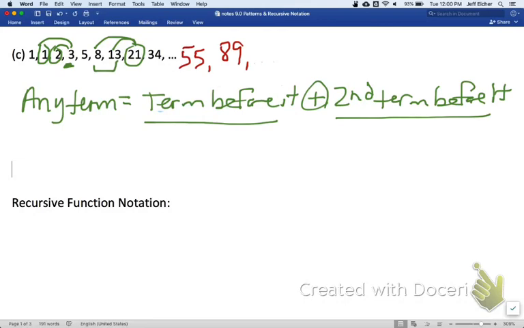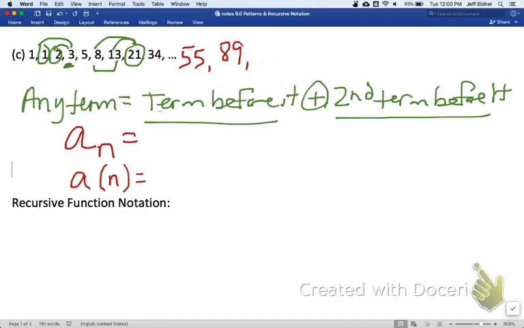So let's try to write this out and see if it works. Let's say we want any term. So that's just a of n, whatever term we're looking for. I'm using a subscript here. You could also use the notation with parentheses, either one. Maybe I'll start with the parentheses since that's what we've been doing in this lesson so far.